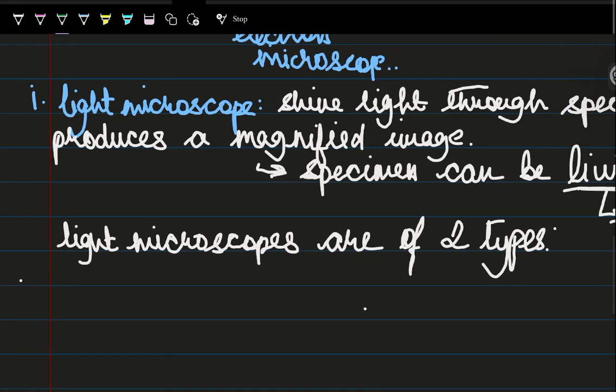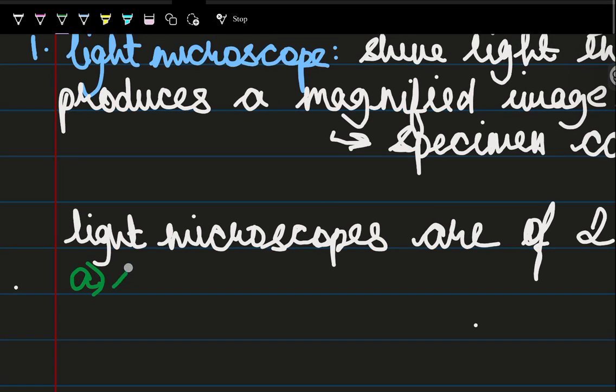So the first one is a simple microscope. Let's talk about a simple microscope.